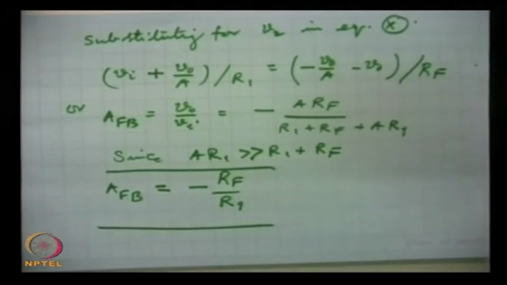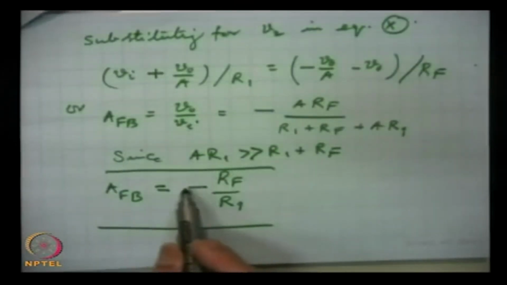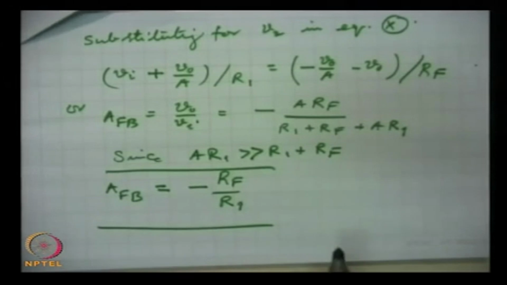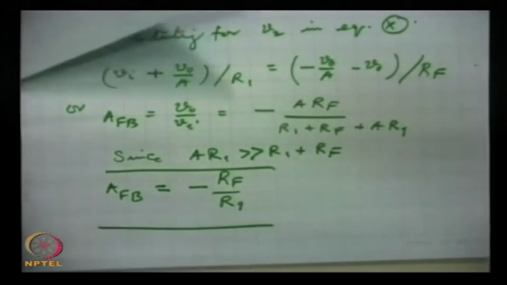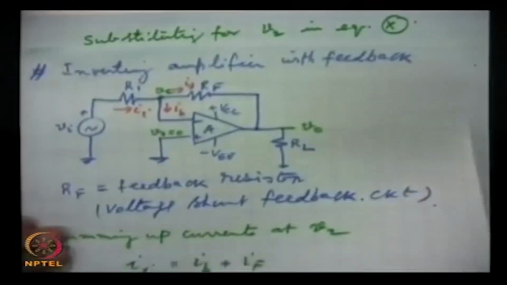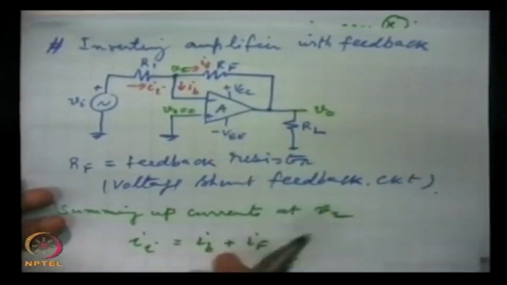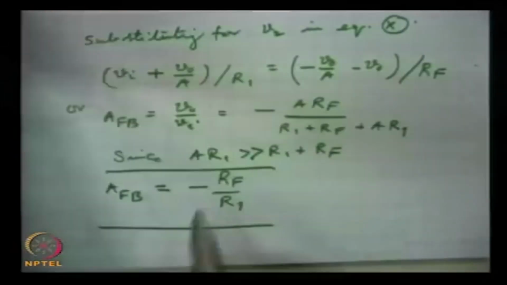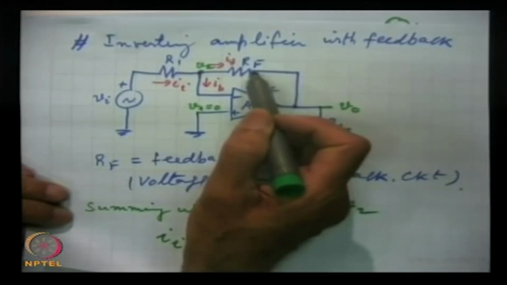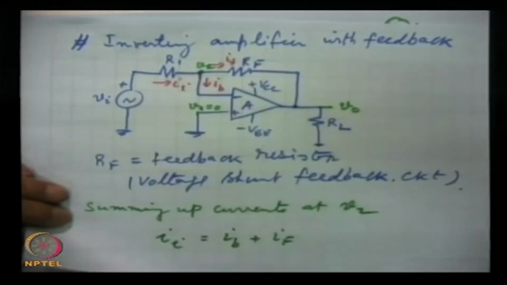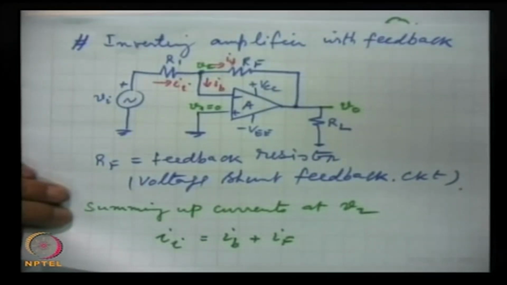The expression for the gain of this inverting amplifier, this of course sign shows the inversion, we expect it because it is an inverting input, so hence this sign indicates that, and just choose the desired ratio RF by R1 required to obtain the desired gain.